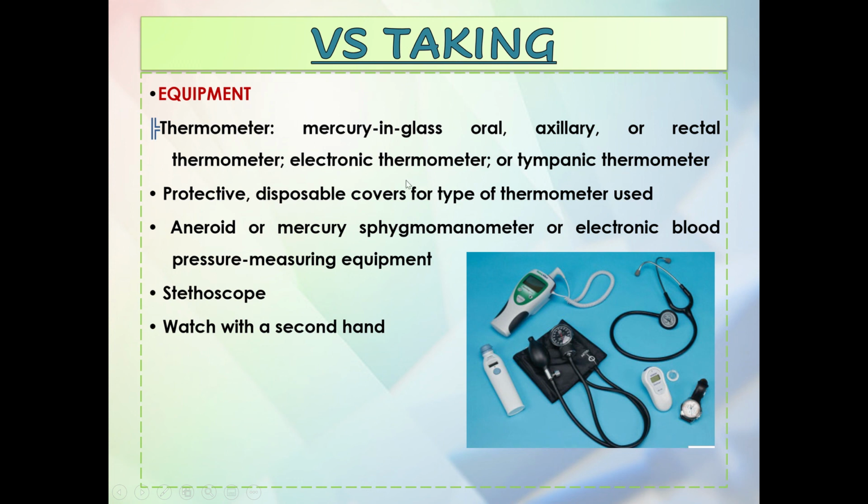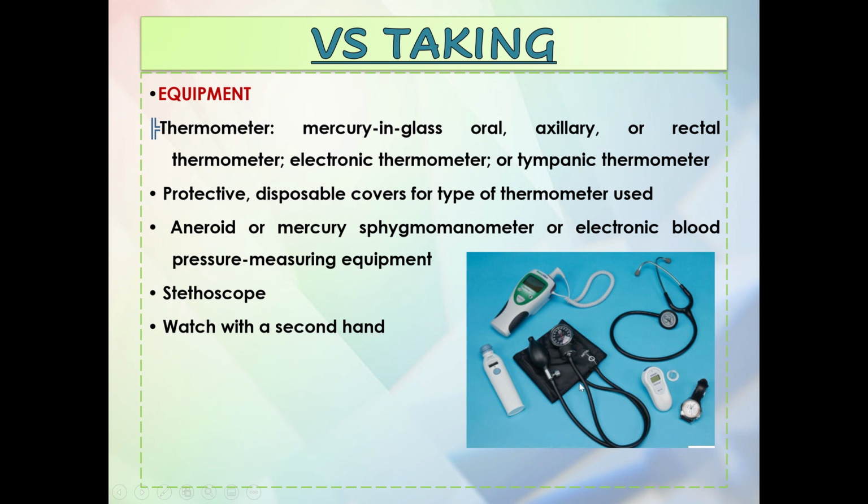What is most often used now is the electronic thermometer. And then, if you have tympanic, that is also okay. Protective disposable covers for the type of thermometer used, if available. Aneroid or mercury sphygmomanometer or electronic blood pressure measuring equipment. So, whichever is available to you. If you have electronic, if you have aneroid, you may use that.